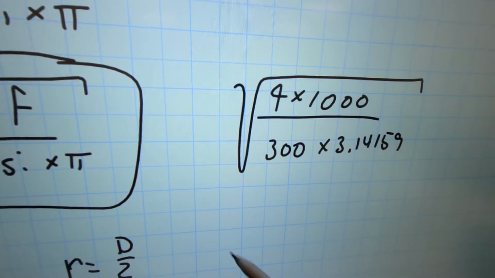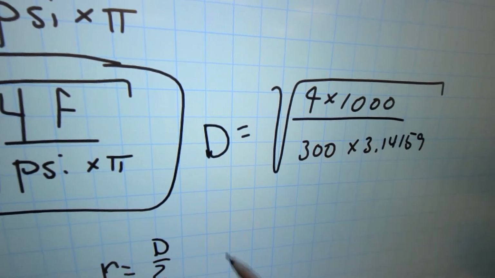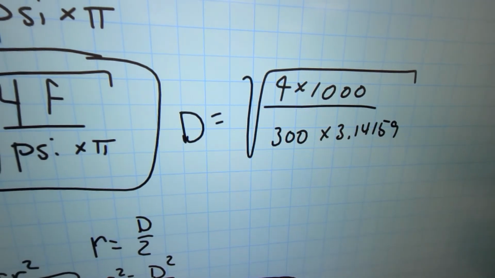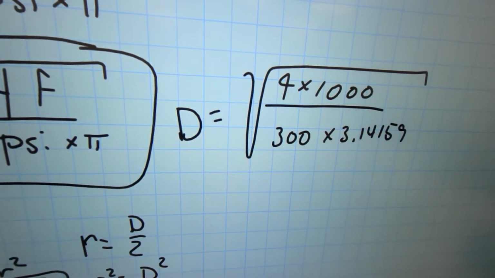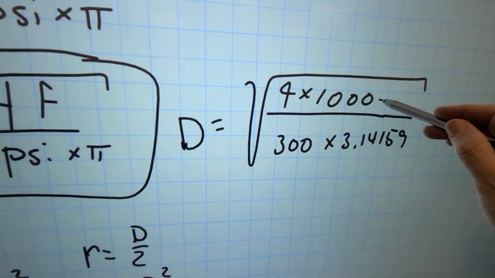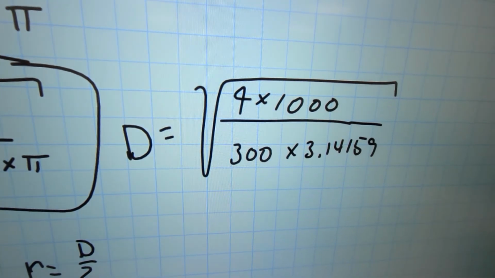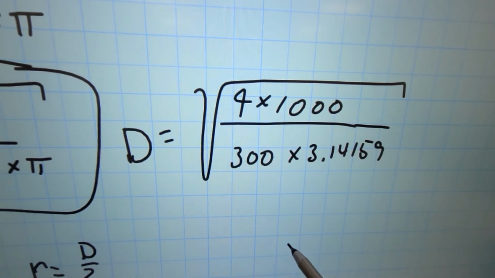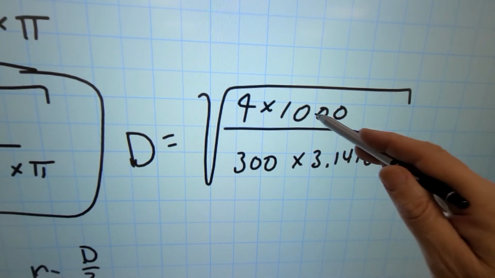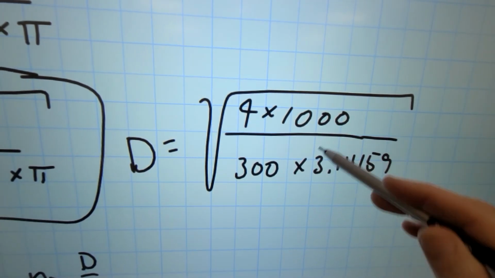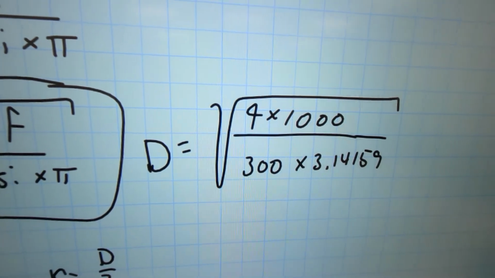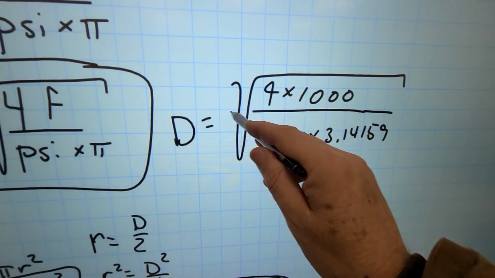What you would do is look for the next larger standard size. So if it's a 2.5 inch diameter, that's what you would use. Technically, you would be able to generate a little more force than you wanted, but that's okay. You can always reduce the pressure to compensate if you're really concerned about getting right at 1,000 psi. So this is how you would work this backwards to get a useful result.